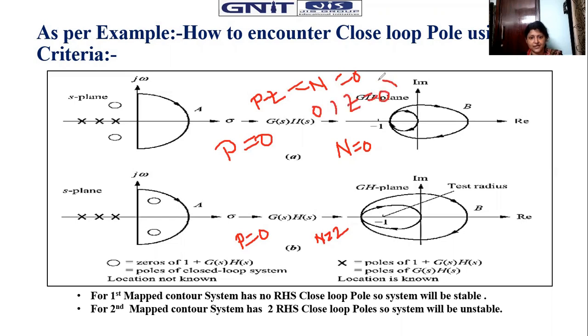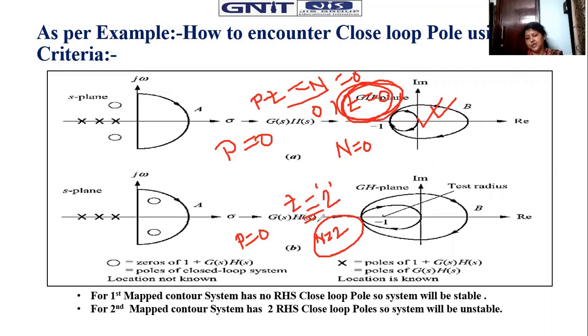So what will be its origin? Its origin will be minus 1, because G(s)H(s) is basically equal to minus 1. So you are getting here minus 1 j0. So that point is a very important consideration. Okay, j0 means on the negative x-axis, minus 1. Minus 1 j0 is an important concept.